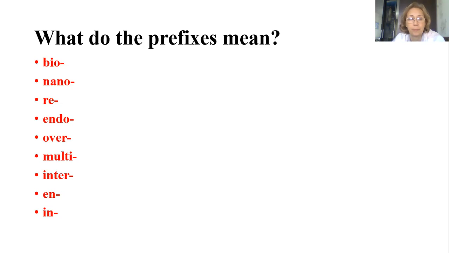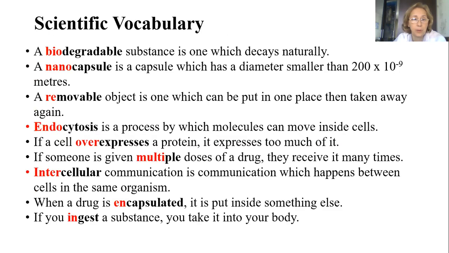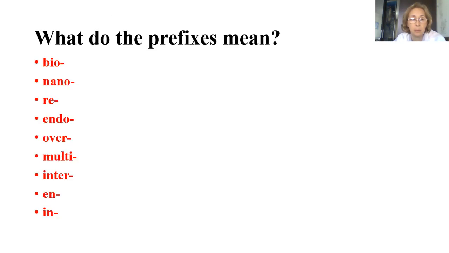Also, endo. To be honest, I don't get this one. And this is a process by which one can move inside. Yes, so before I didn't get it. So you said that endo is like inside, right?